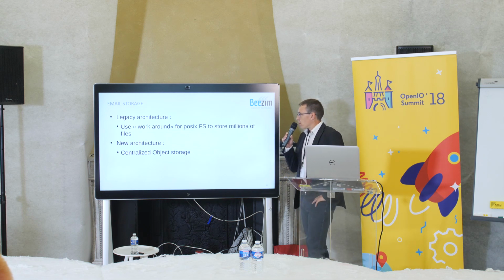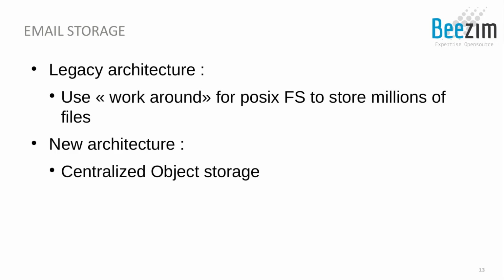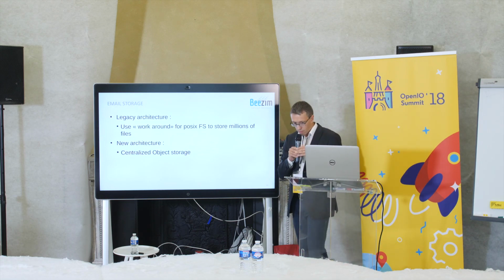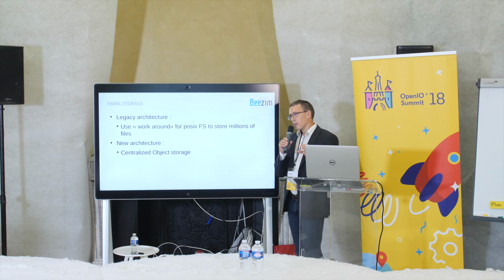The difference between legacy architecture and new architecture: with the legacy architecture, with disk storage, we use a workaround for POSIX to store millions of files. That means that we will have directories, and we will limit the number of files per directory.